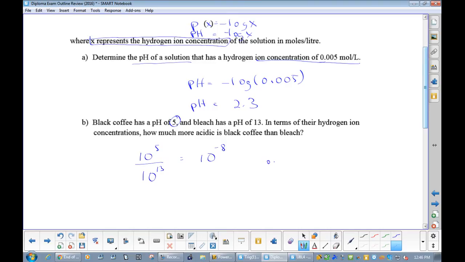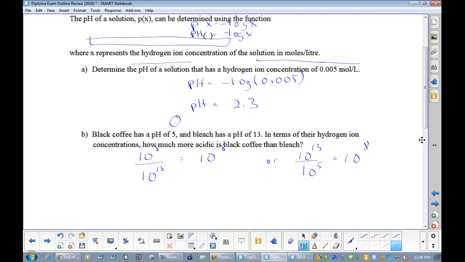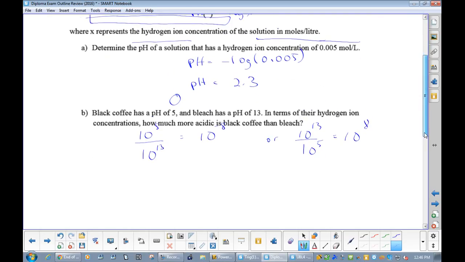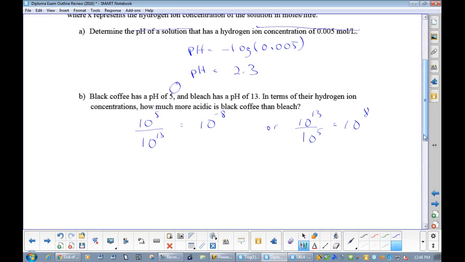Now, what if you did it this way, and you got 10 to the 13 over 10 to the 5? You get 10 to the 8, right? But as long as you say that the pH is 5, so black coffee, or just coffee. Now, which one would be more acidic?